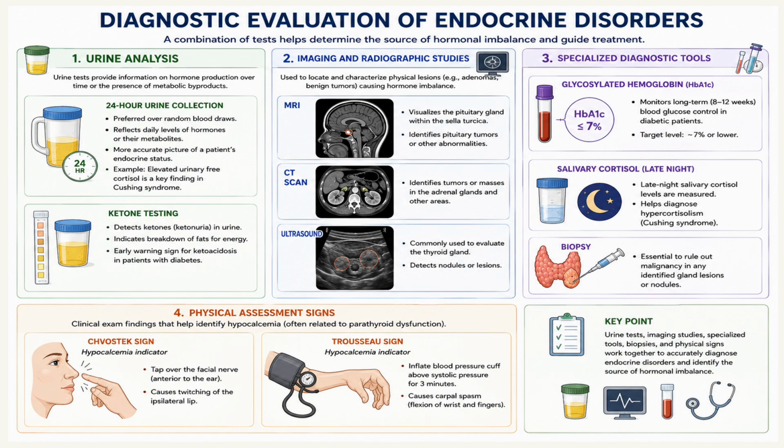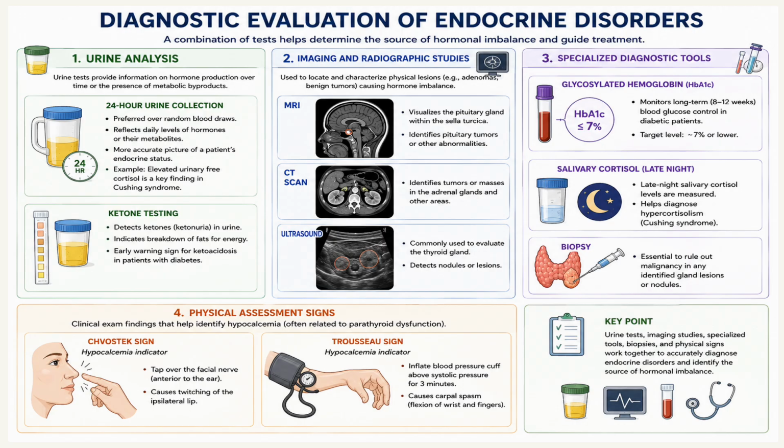One commonly used method is a urine analysis. A 24-hour urine collection is often preferred over a single blood sample because it reflects hormone production over the entire day. So we basically collect a patient's urine throughout the day. It stays in this container in their room in ice, and we collect every time they need to urinate.